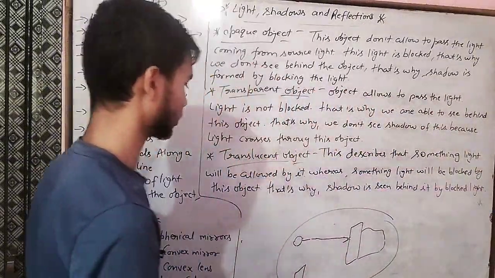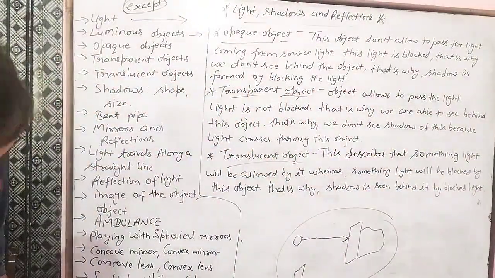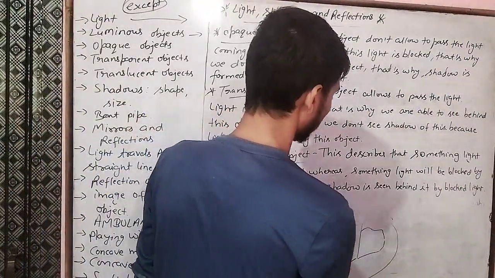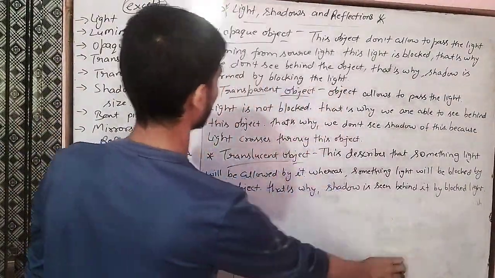Why blocked light? By blocked light. Clear? These types of objects will be kept in the category of translucent.